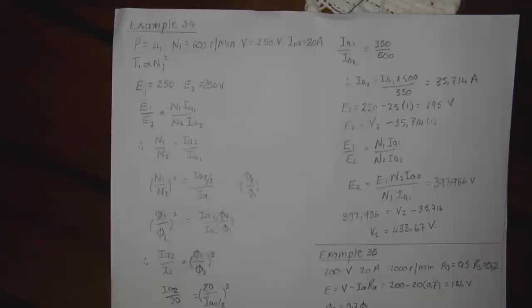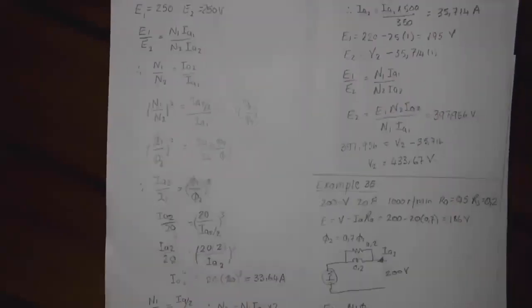And then we can say that flux 1 over flux 2 squared is IA2 flux 2 over IA1 flux 1. That brings us to IA2 over IA1 is flux 1 over flux 2 cubed.